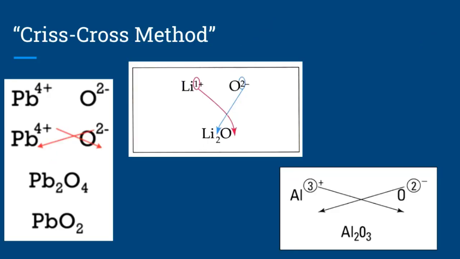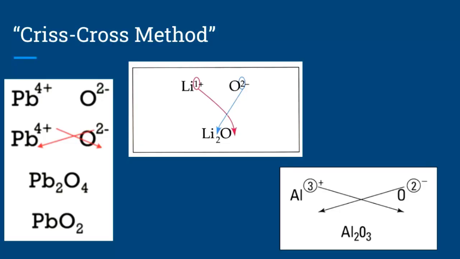What if it's not always as simple as sodium and chlorine charges? What if we have charges that aren't so easy to figure out? Well, we have this thing called the crisscross method. If we want to combine, for example, lead and oxygen, shown on the left, we see that lead has a charge of 4 plus.